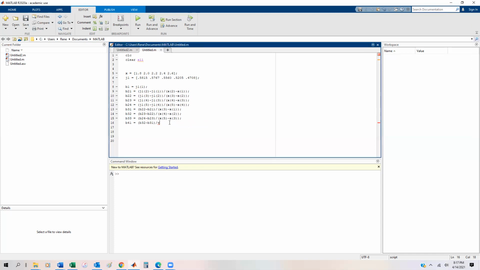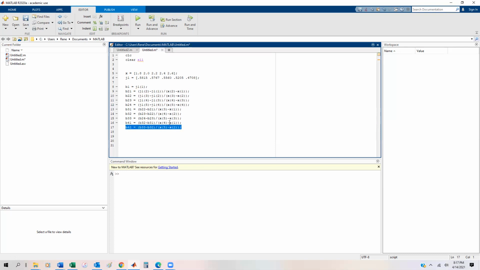So this is going to be x4 minus x1. And then we can cut and paste this, and we can have a B42, and it's going to be B33, B32. And then we're going to change this to 5 and 2.